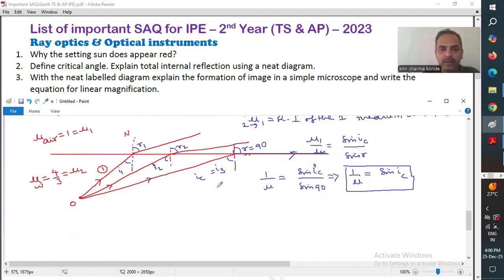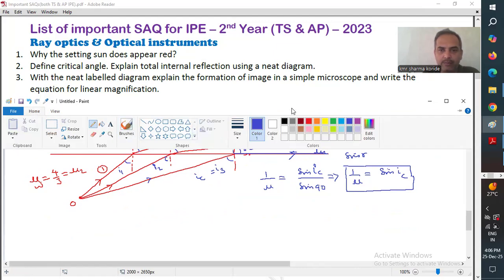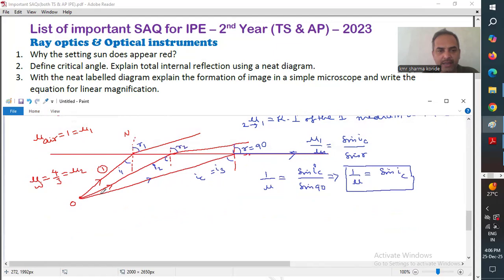Now, let us continue further. Suppose we take another trial, from the same object, so that we get the definition of total internal reflection. This angle of incidence appears greater than the critical angle. So this angle, call it theta, is greater than the critical angle.